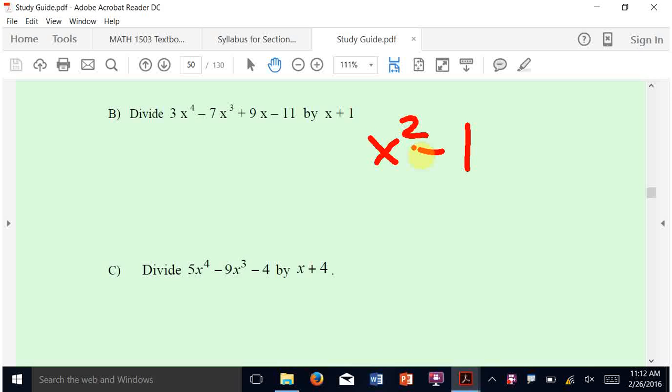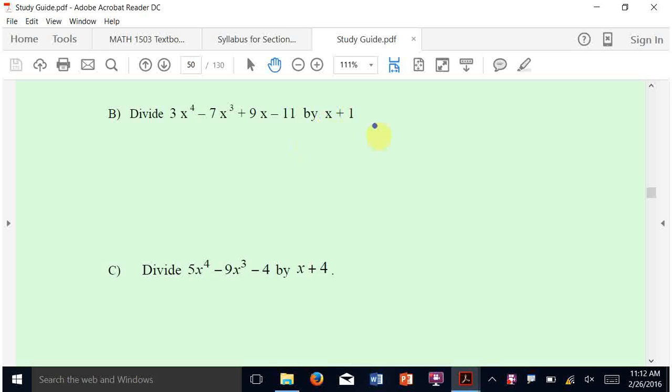I also wouldn't recommend using it if you have a divisor with a coefficient other than 1 next to your x. But here we have a divisor with a degree of 1 and a coefficient next to the x of 1. Our leading coefficient is 1. Okay, so it's safe to use synthetic division in this case.